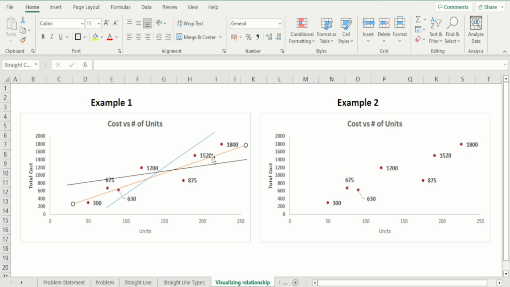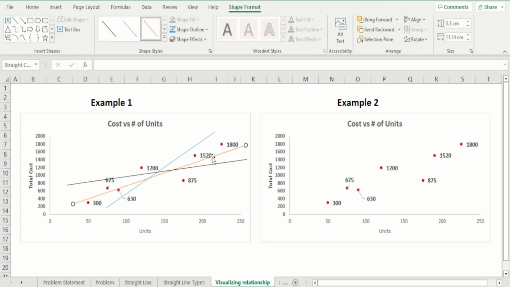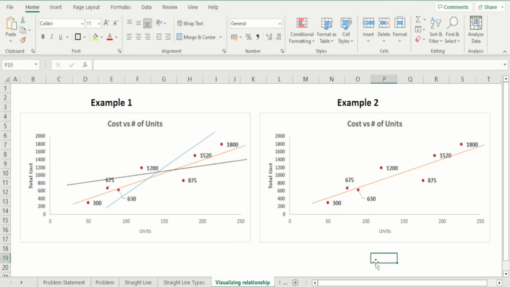So in other words, this orange line that we have drawn here, and this is not an exact mathematical equivalent, but remember that just by visualizing it on the graph, you'll be able to see that the orange line is much closer to each of these data points, whether that's 300, 675, 630, 1200. The orange line is closer to the overall set of data points as compared to either the blue or the black colored lines that we draw here.